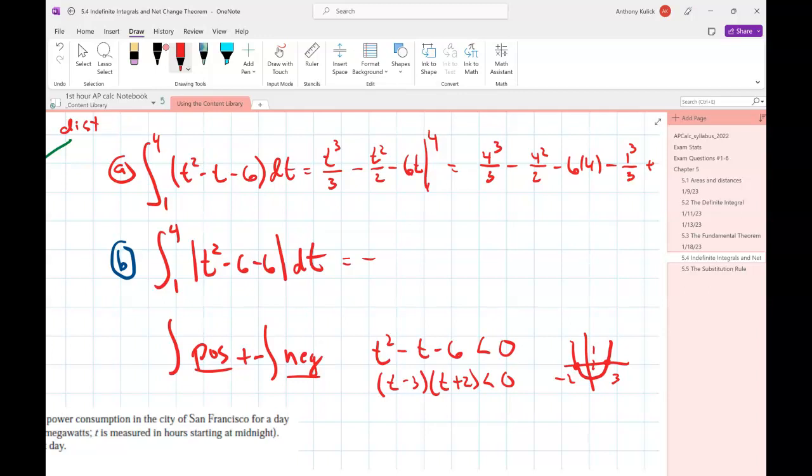Everybody's okay with that? So we'll do the negative integral from 1 to 3 of t squared minus t minus 6, dt, and then plus the integral from 3 to 4 of the same function.